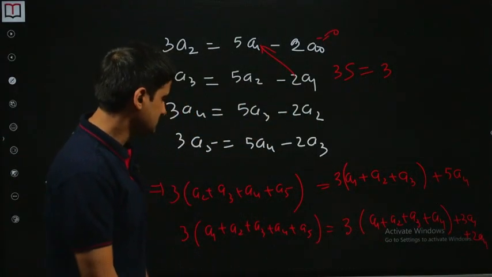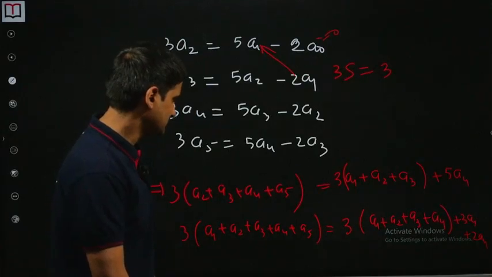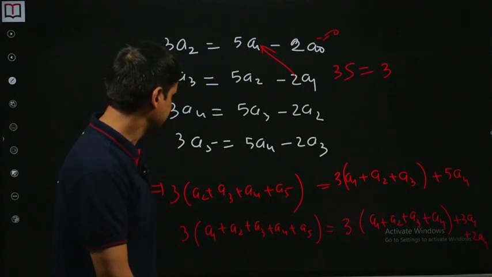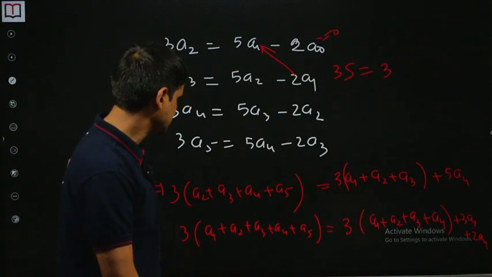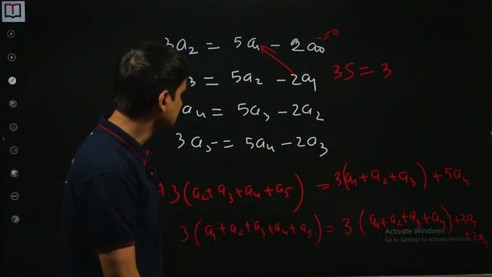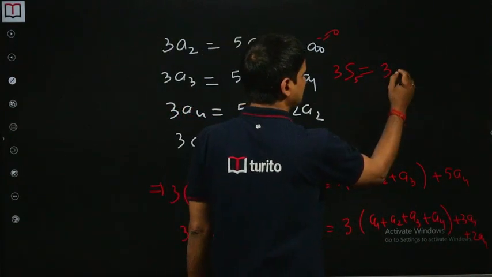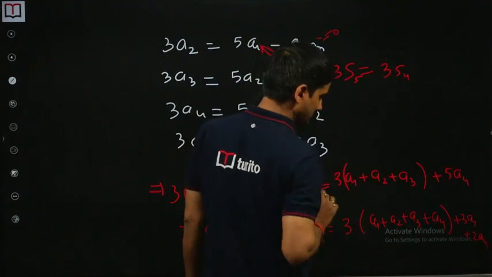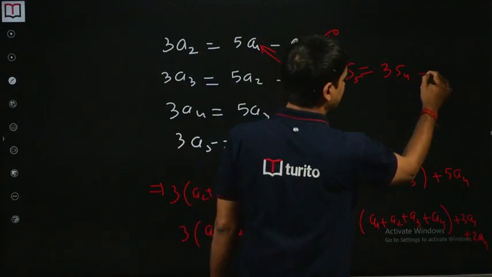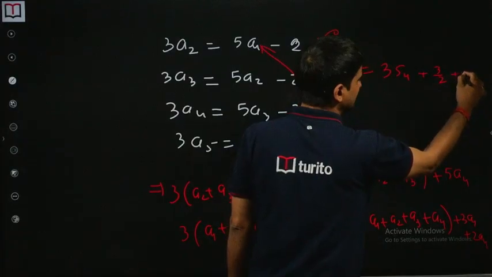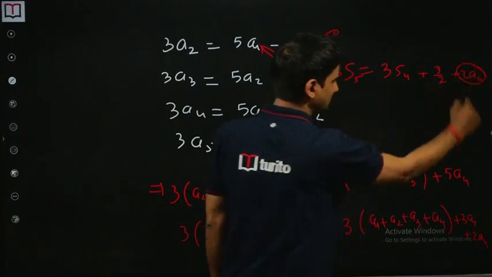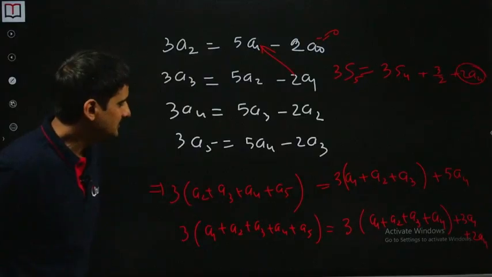actually it got in trouble. Right, just a minute. 3 times s5 is equal to 3 times s4 plus 3 by 2, and that's the problem. Actually this is the problem: 2a4. So we need to find 2a4.